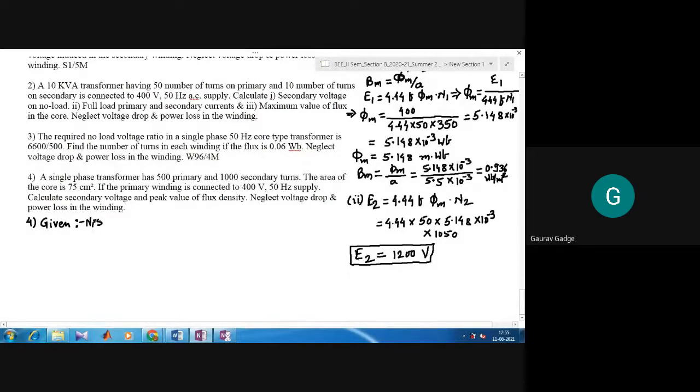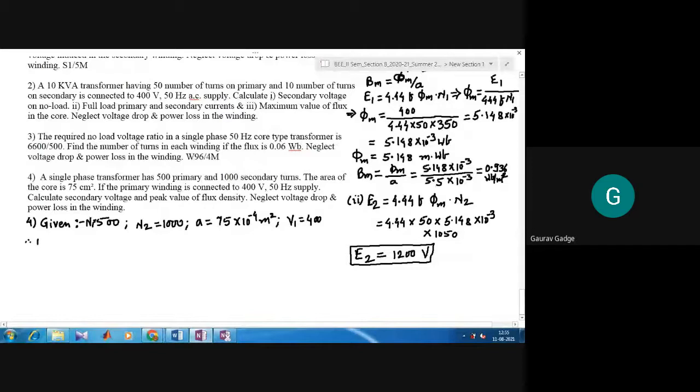N1, primary, and N2, that is secondary. The area of core, small a or capital A, is 75 centimeters square, so it is 10 to the power minus 4 meters. If the primary winding is connected to 400 volt, it means V1 is 400, and it is also equal to E1.